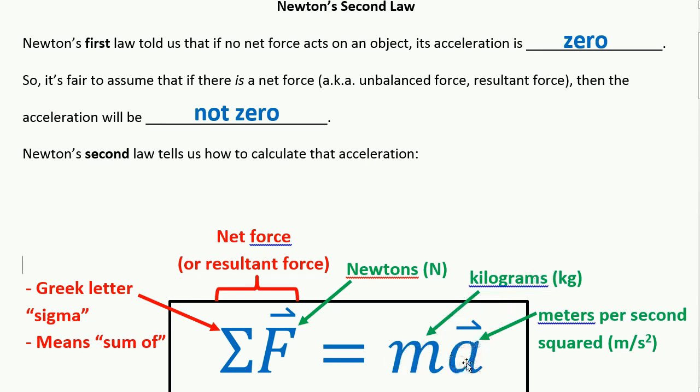And the acceleration of the object, we're going to measure in units of meters per second squared, which is our metric base unit for acceleration. So these meters per second squared, kilograms, newtons are all units you've heard about before. And this is them just packaged together into one equation. So there you have it. F equals ma. The sum of all the forces acting on the object is equal to the object's mass multiplied by its acceleration.